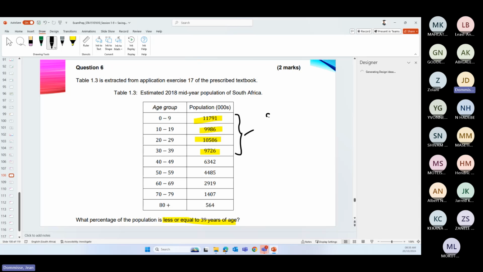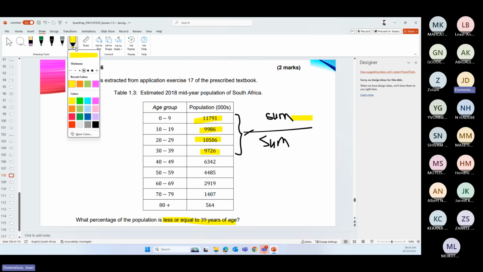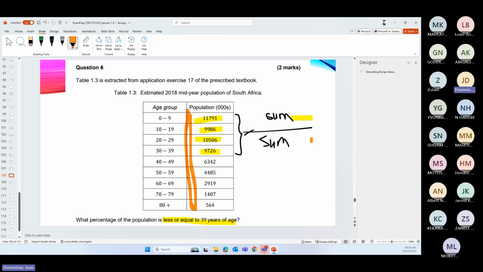So we need the sum of the yellow divided by the sum of everything. Unfortunately, I don't see that they say what the total is, so we will need to first work out the total.